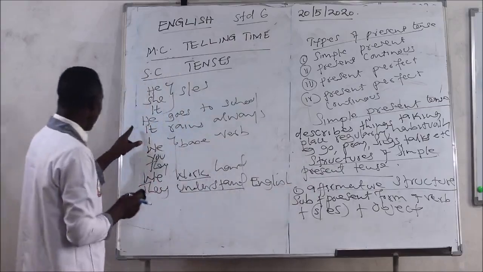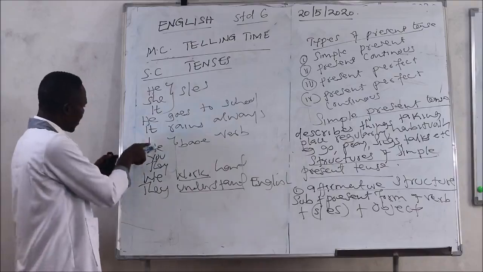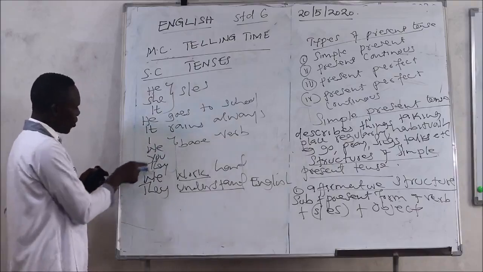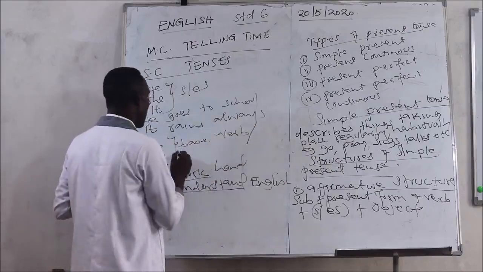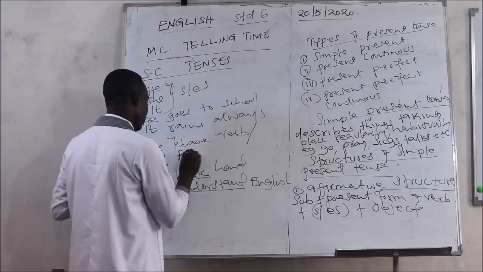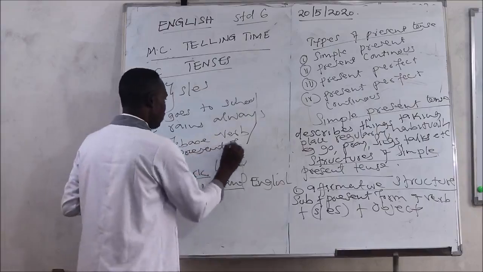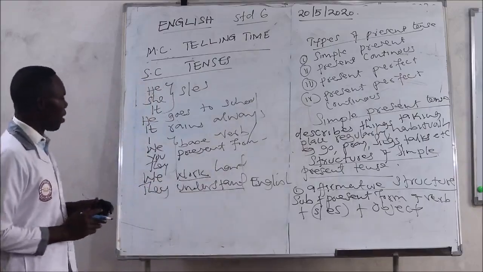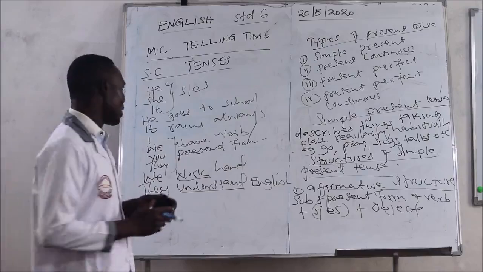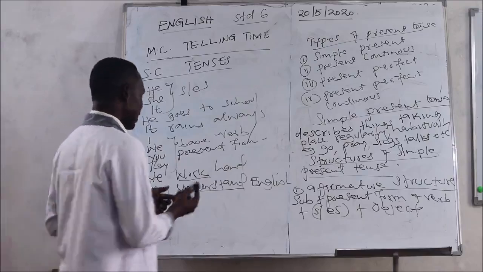And I have indicated very well that when we have subjects such as I, we, you, they, then we use a base form of a verb, which is also called present form of a verb. That one is the positive way of constructing a sentence in present simple tense.